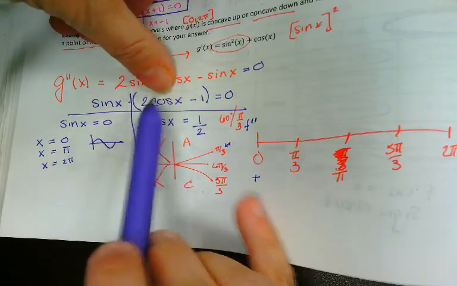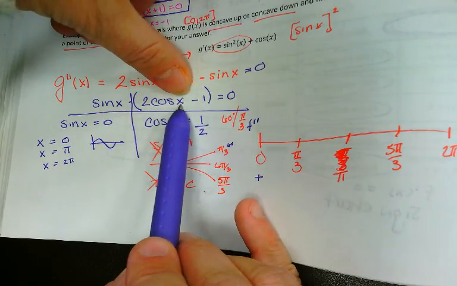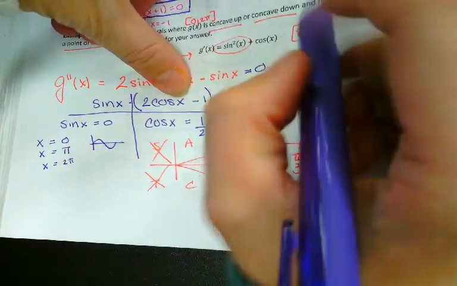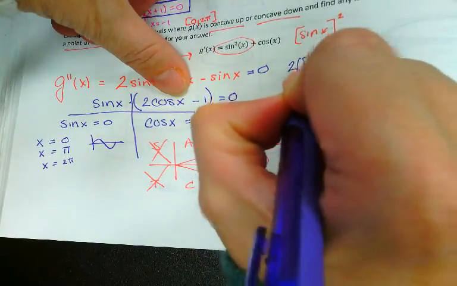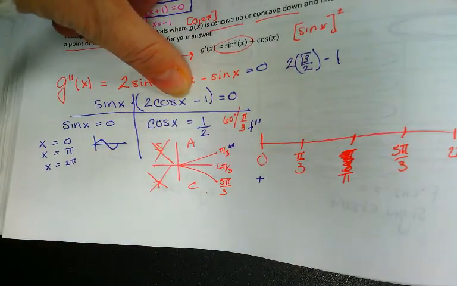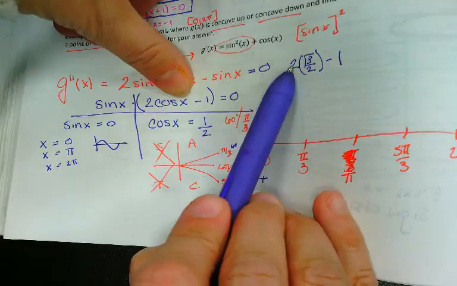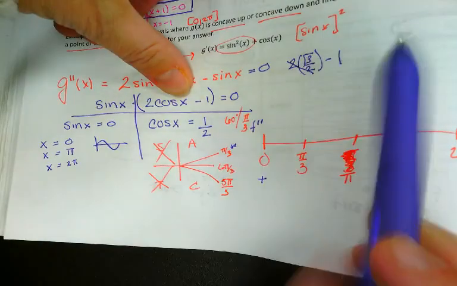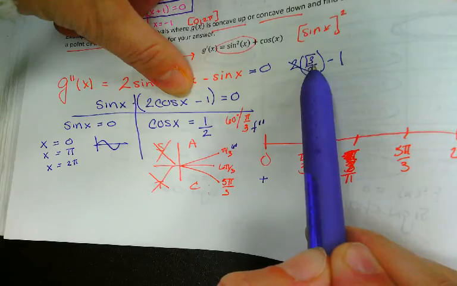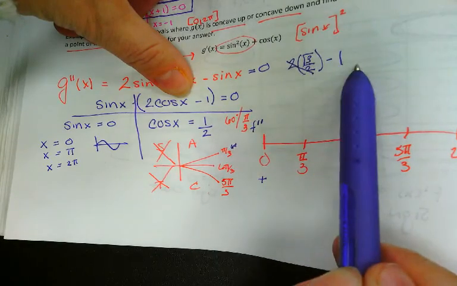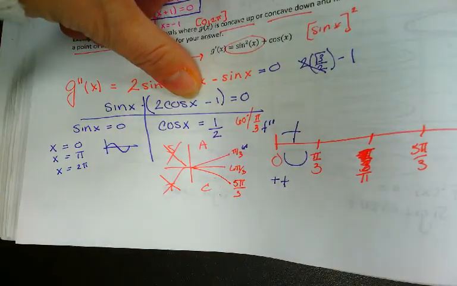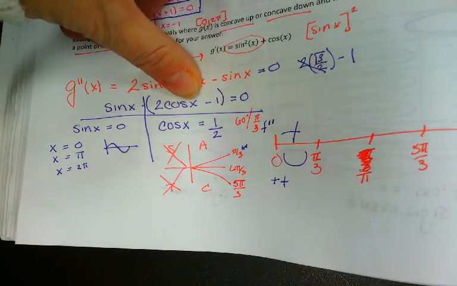I'm going to go with 30. What's the cosine of 30? Okay, so I have 2 times root 3 over 2 minus 1. Now think about this. What happens to my 2's? They cancel. All I need to know is root 3 bigger than 1 or smaller than 1? Bigger than 1. So this is going to be a what type of number? Positive. So I'm going to get a positive times a positive, which is a positive, which tells me this is concave up.